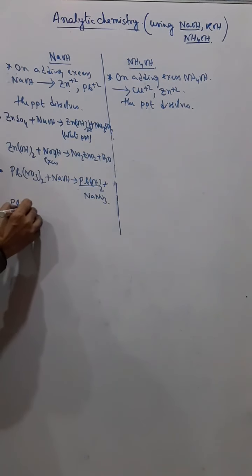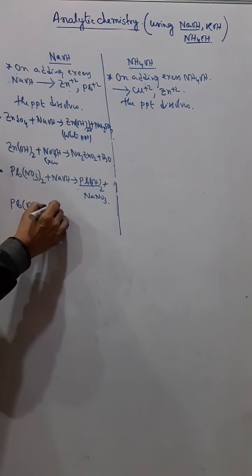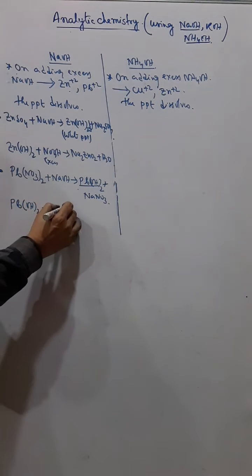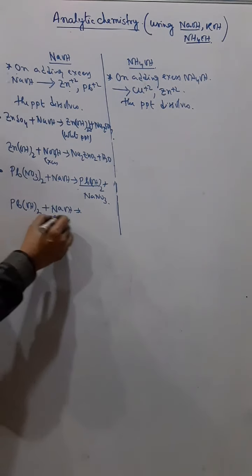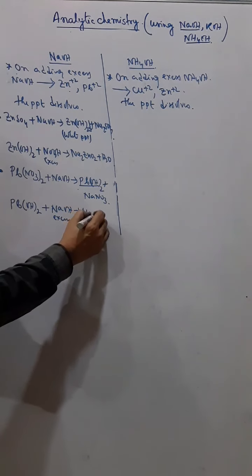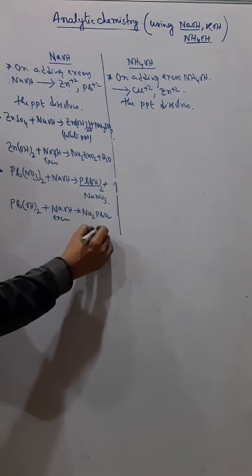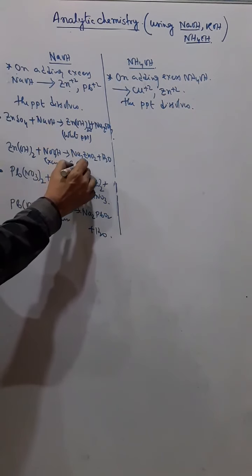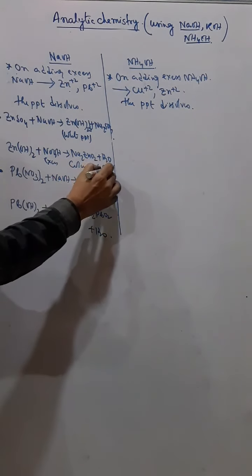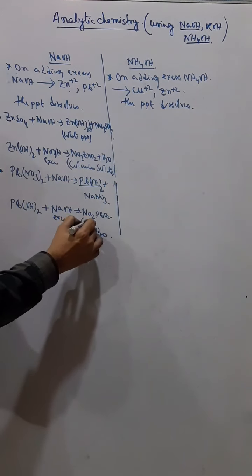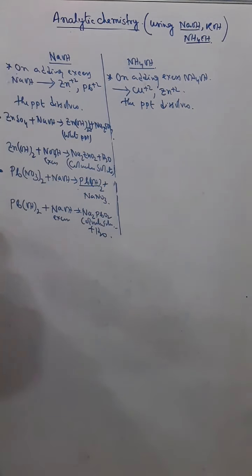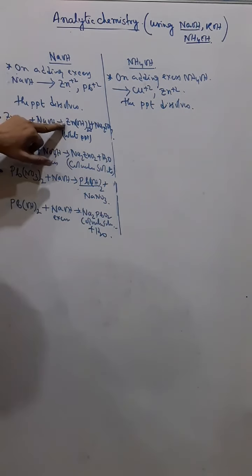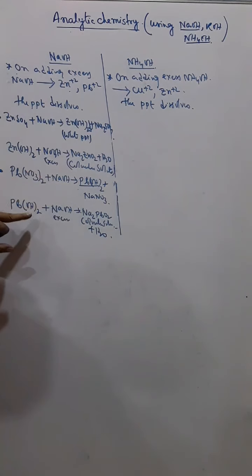With this white PPT Pb(OH)2, we are adding excess of NaOH, so it's forming a colorless solution of sodium plumbate, Na2PbO2 plus H2O. So you get what? A colorless solution. So when we are using NaOH, zinc precipitate and lead precipitate dissolve in excess of NaOH, forming their colorless solution.